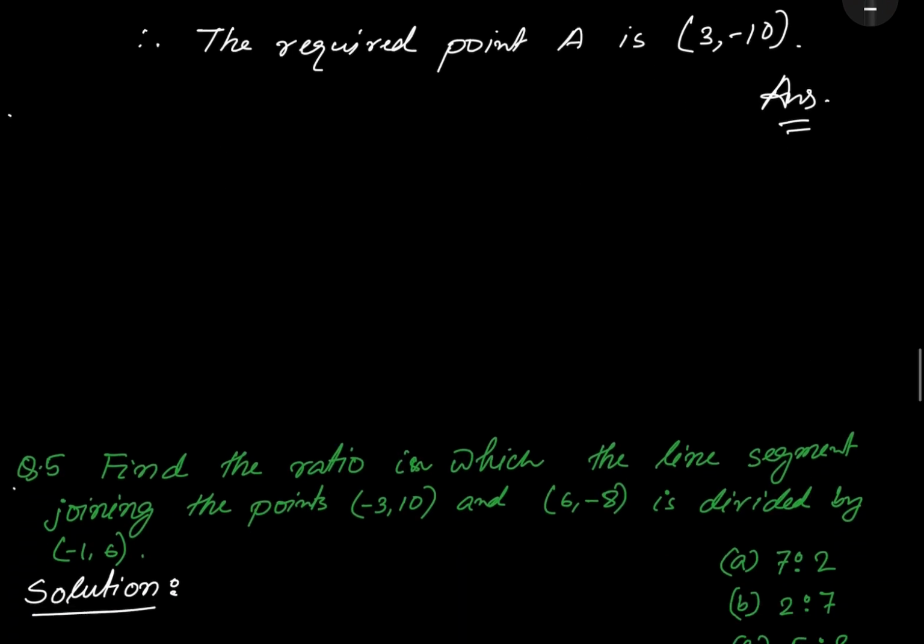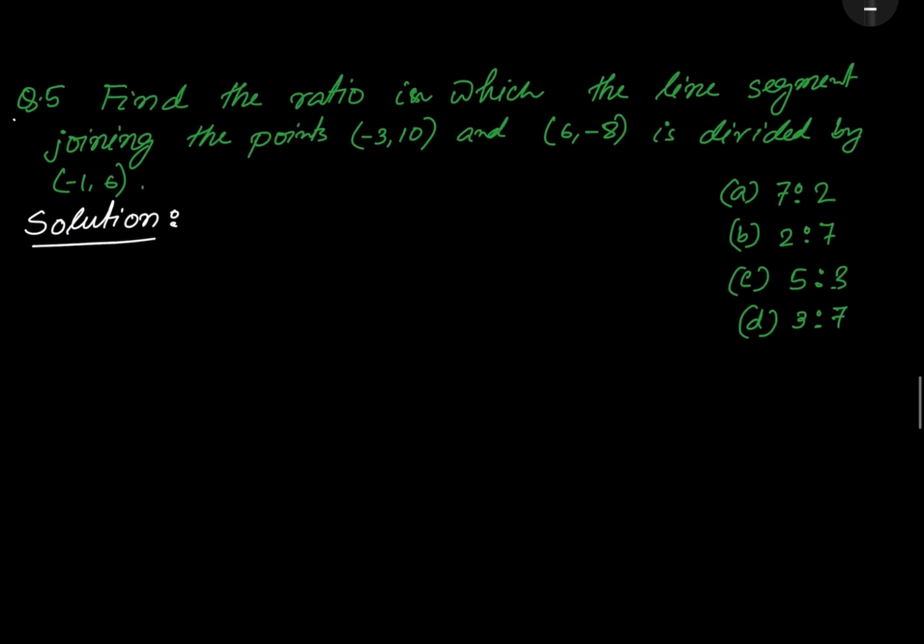Next question is, find the ratio in which the line segment joining the points is divided by (-1, 6).